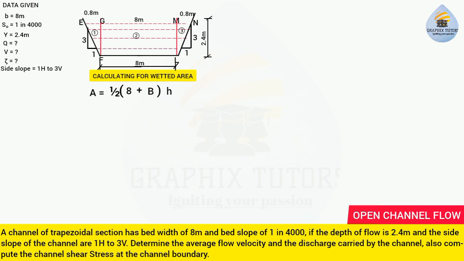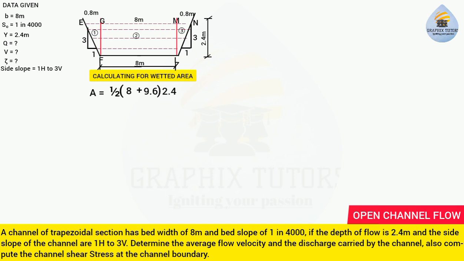The B here represents everything up here, that would be 0.8 plus 8 plus 0.8, which is 9.6. The H here represents the depth Y, which is 2.4.